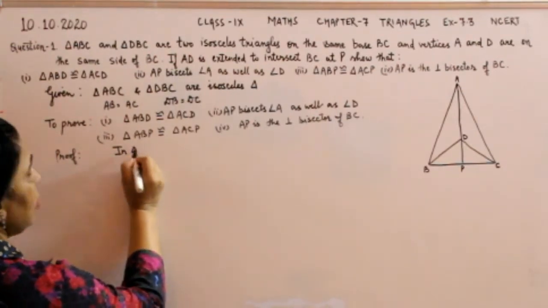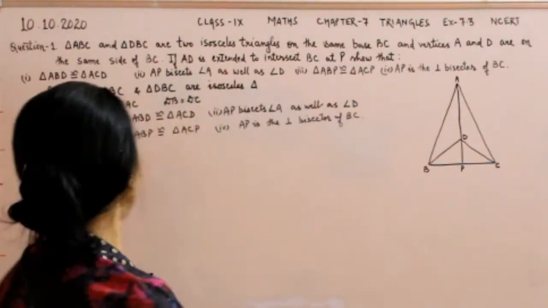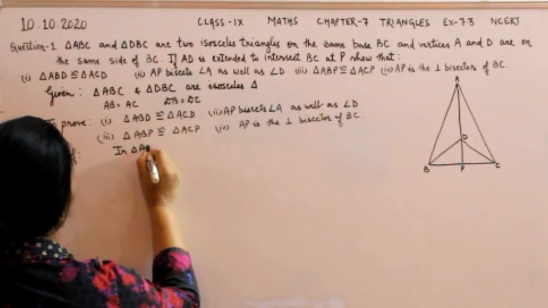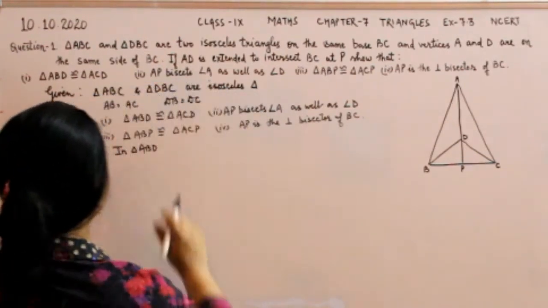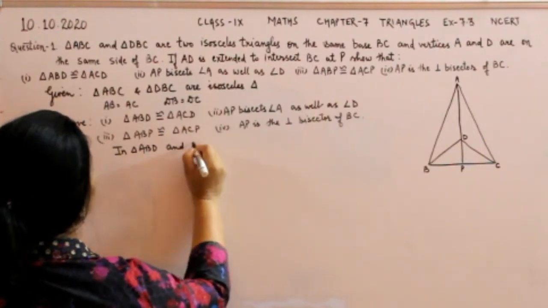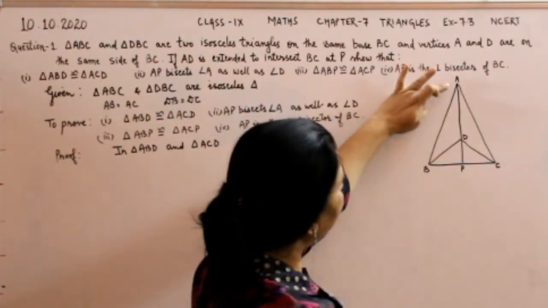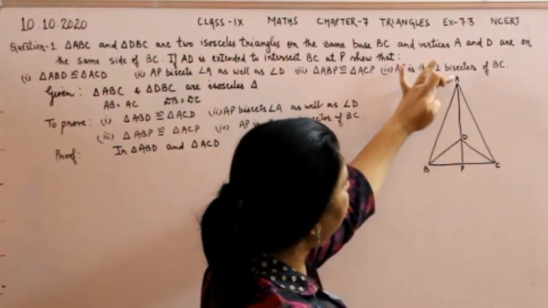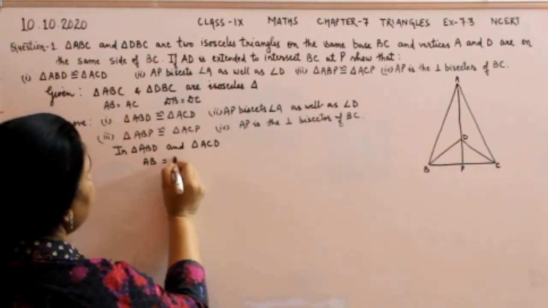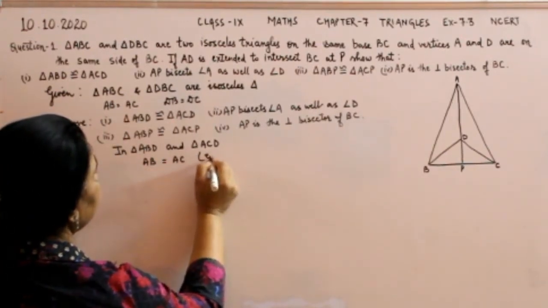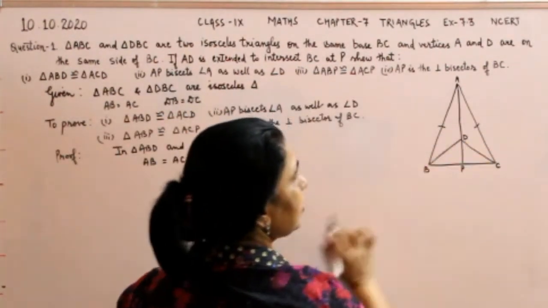In triangle ABD and triangle ACD, AB is equal to AC, it's given.